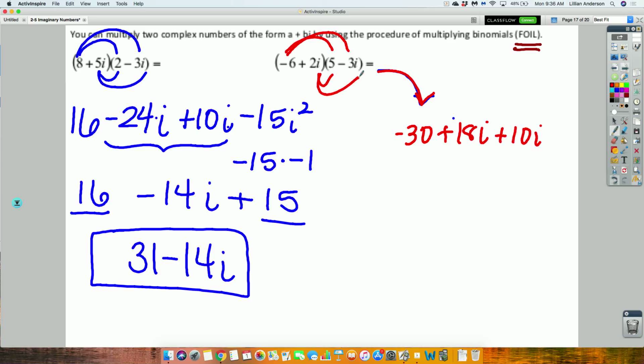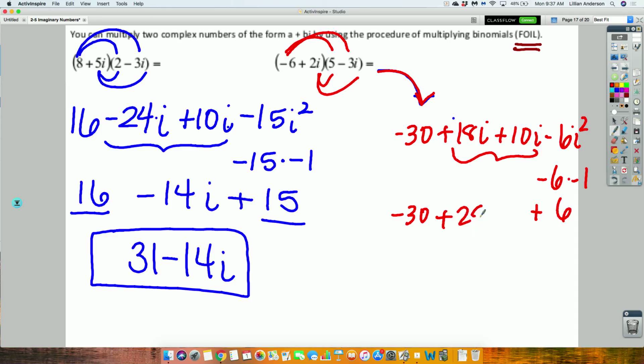Last: negative 6i squared. i squared turns into negative 1. So negative 6 times a negative 1 is positive 6. So I have a positive 6. Bring down my negative 30. Combine my like terms, and continue to combine like terms. My final answer is negative 24 plus 28i.